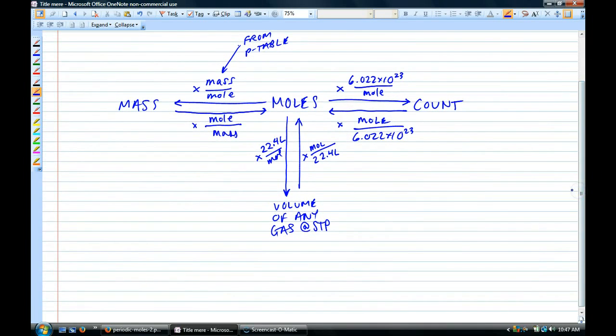For example, let's say we have a problem, and this was on your Talk to the Mole worksheet, that said: what is the mass in grams of one molecule of water?